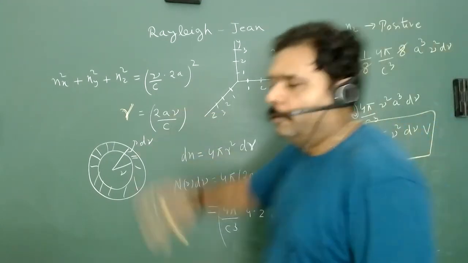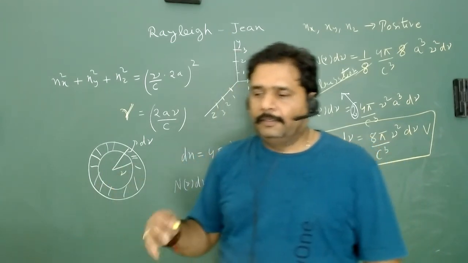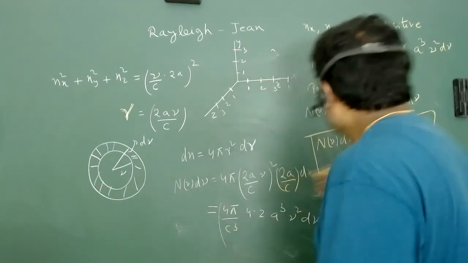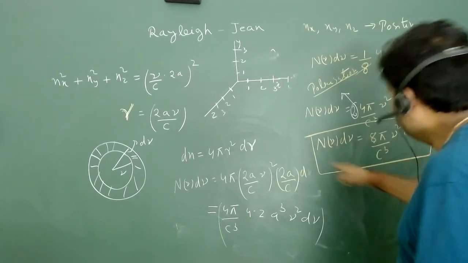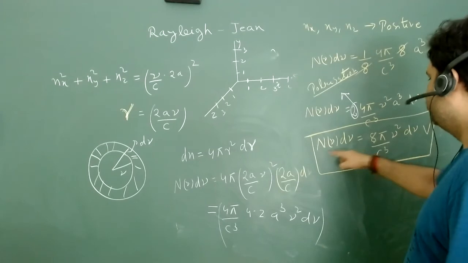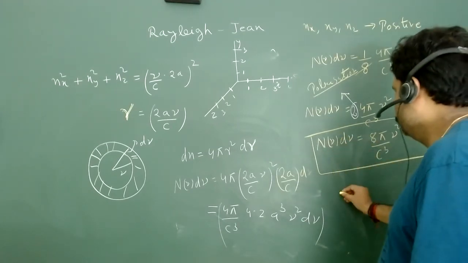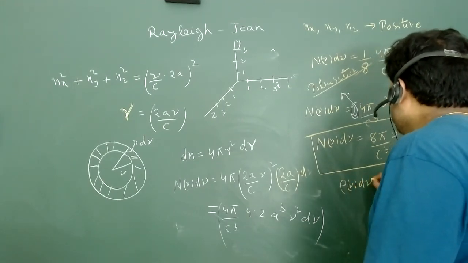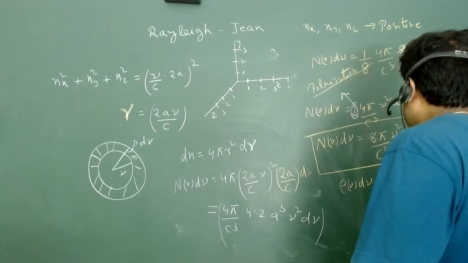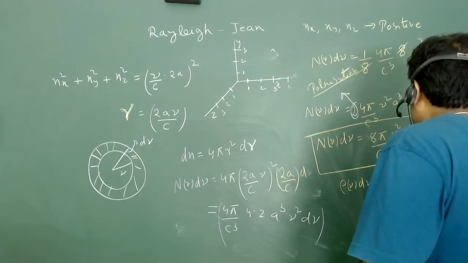So whatever be the volume of the box, it will remain in this cubical box, so this will be a particular volume. If we divide by this volume, then this will be identified as number density. So this will be rho nu d nu, which is 8 pi upon c cube nu square d nu.